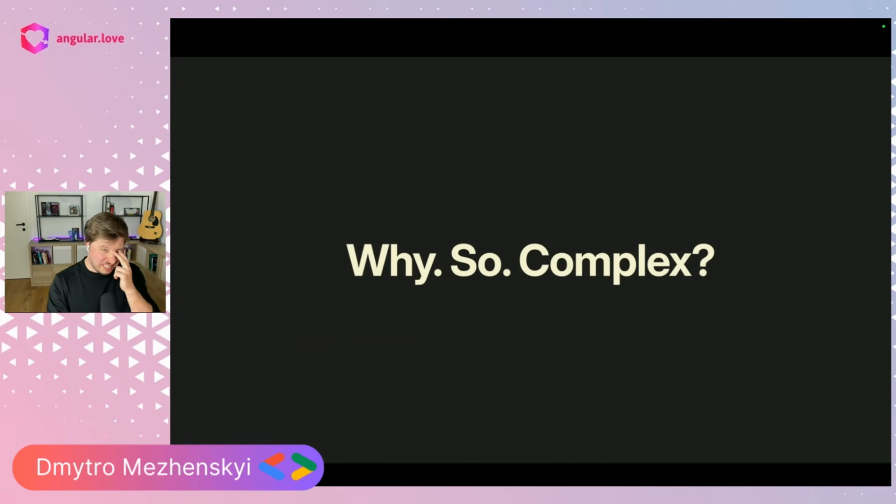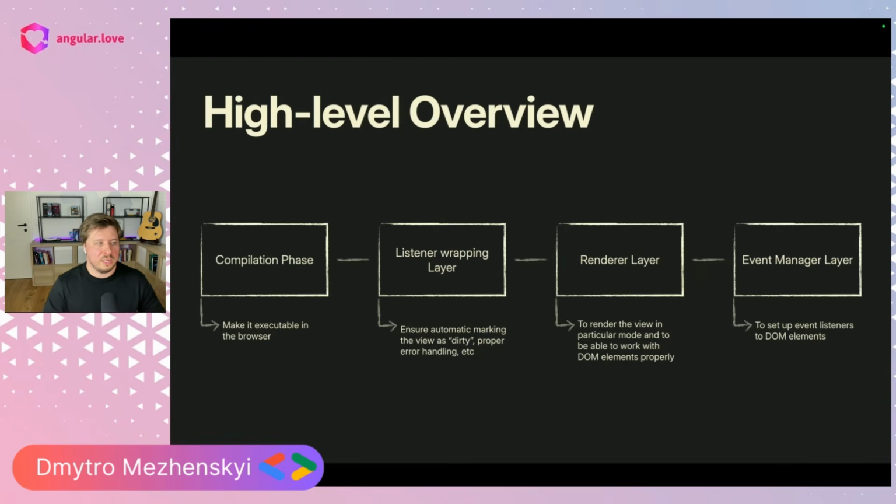So why is it so complex, actually? Well, if we zoom out a little bit, we can say that every step makes sense. Compilation phase: we need to make everything executable in the browser. Listener wrapping layer: we need to bring some additional logic to our event handlers to not do a lot of things manually.